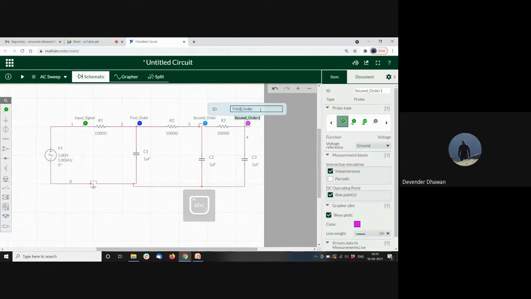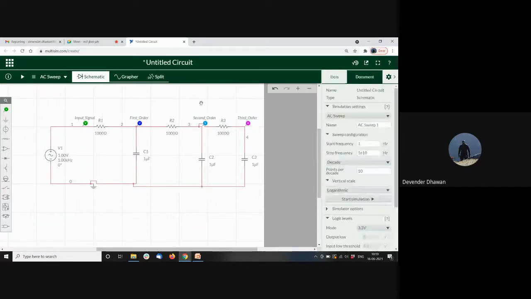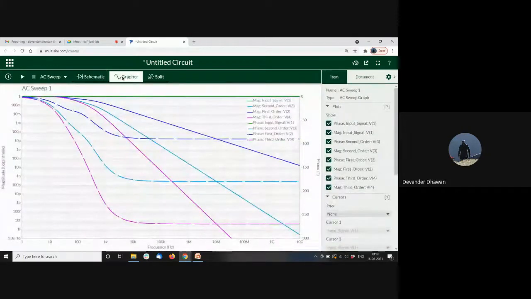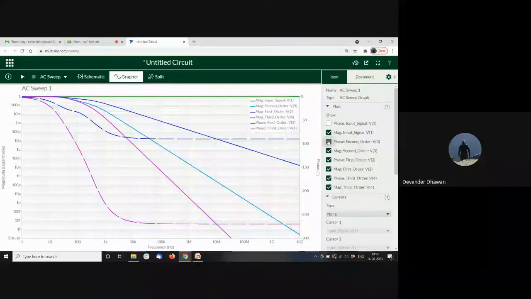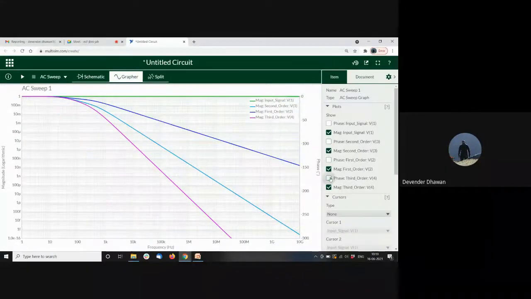This is our third order. So let me run the AC sweep and remove the phase part. Okay, so you can see the third order is even steeper. This is why we use multiple order of circuits also.